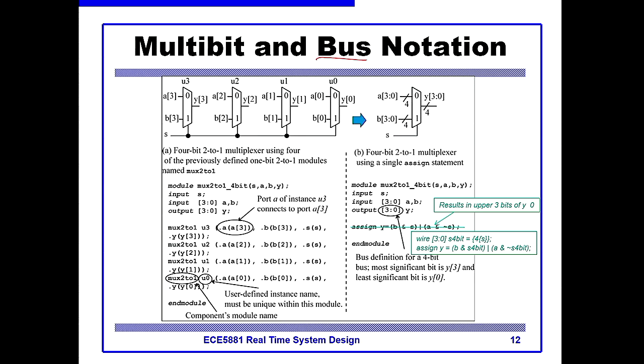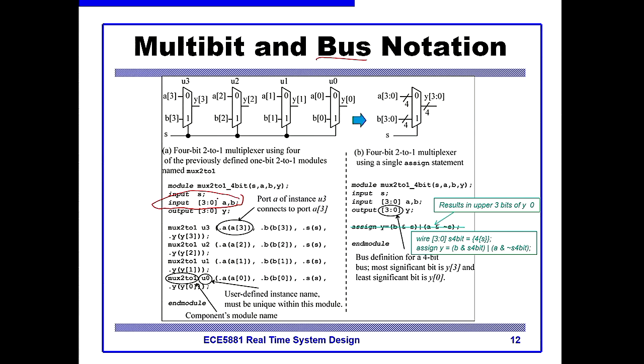But as you know, when you start doing arithmetic or deal with information in byte form or word form in a computer, you have multiple bits to deal with. So you need to represent that with an array of bits, which is what happens in Verilog. So you'll notice here, this statement here, we've got input [3:0] A, B.